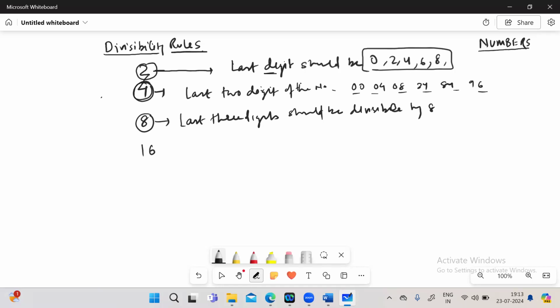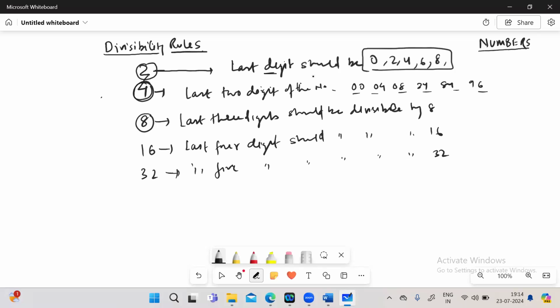And what about 16? For this, it will be the last 4 digits should be divisible by 16. And so on. You can also make a rule for 32, that the last 5 digits should be divisible by 32.